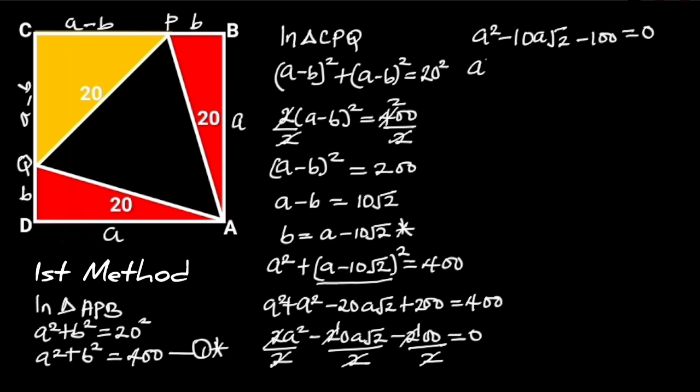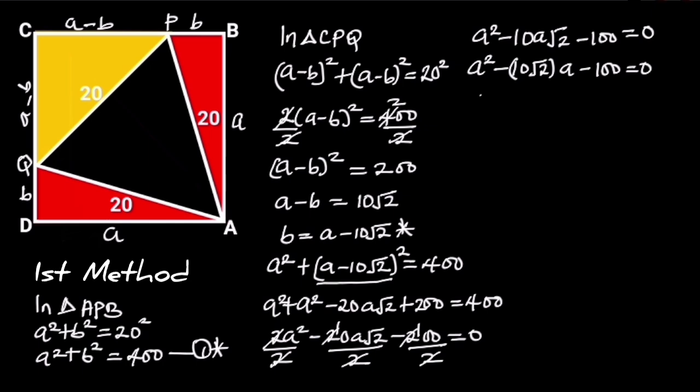And this can be written as A squared minus 10 root 2 A minus 100 is equal to 0. Observe that this is a quadratic equation. Going further, we are going to use the quadratic formula to solve this problem.